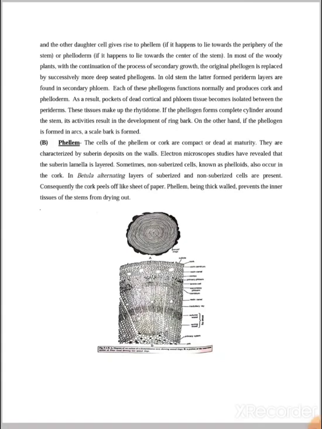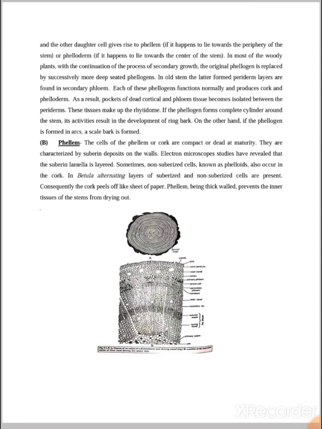In all stems, the later formed periderm layers are found in secondary phloem. Each of these phellogens functions normally and produces cork and phelloderm. As a result, pockets of dead cortical cells and phloem tissue become isolated between these periderms. These tissues make up the rhytidome.